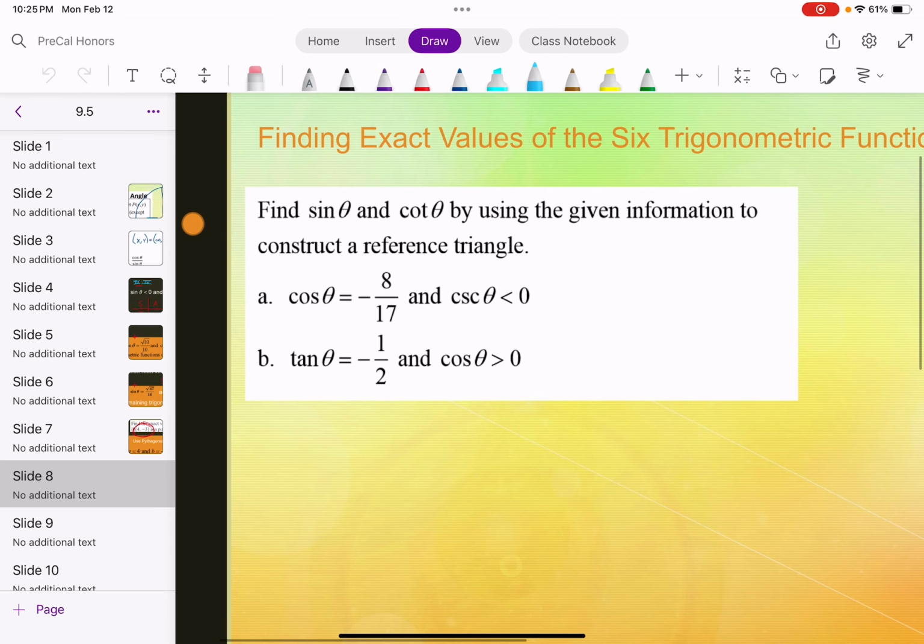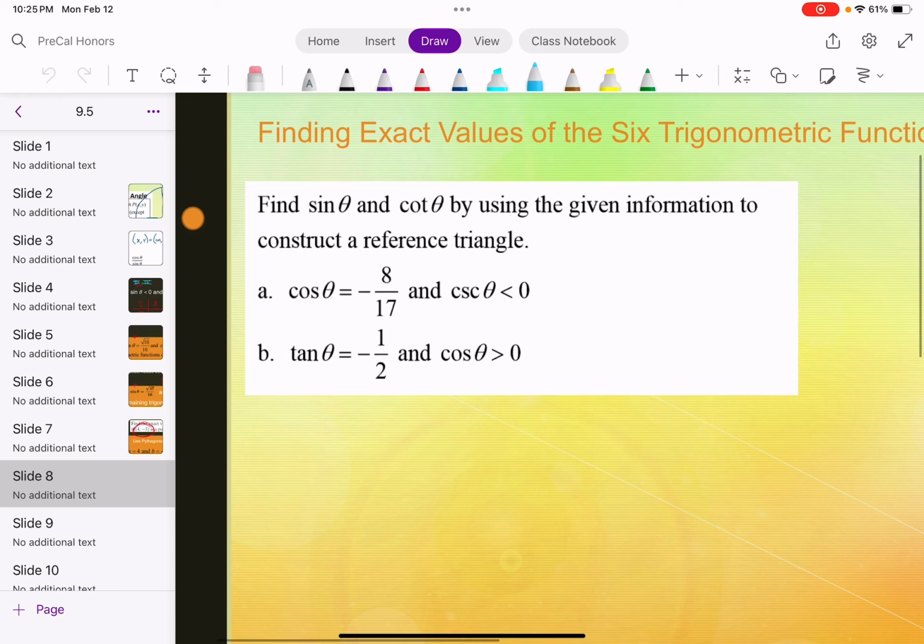In slide 8, slide 8 is extremely similar to what we've been doing, but it tends to blend together the two methods, for cosine theta being -8 over 17, and cosecant theta being less than 0. So let's go ahead and work A together.